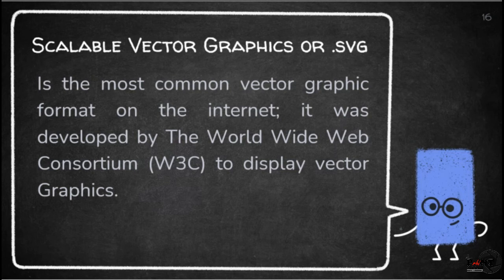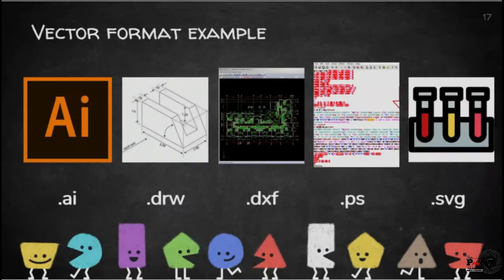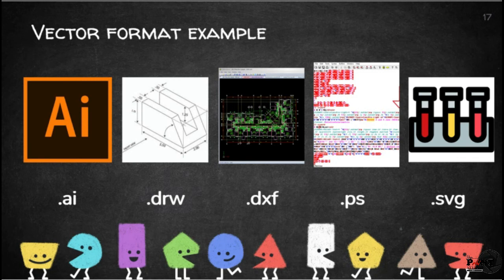The SVG specification is an open standard developed by the World Wide Web Consortium, or the W3C, since 1999. Here are some vector image file format examples for Adobe Illustrator, Drawing Exchange Format, PostScript, and Scalable Vector Graphics files.